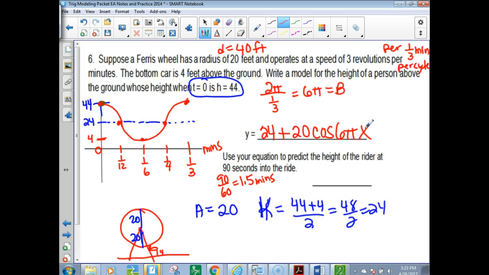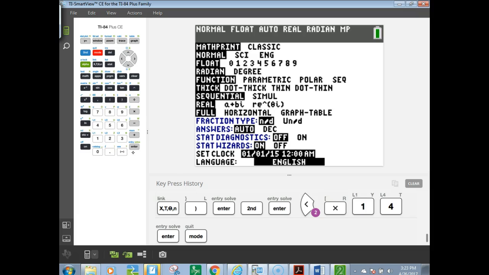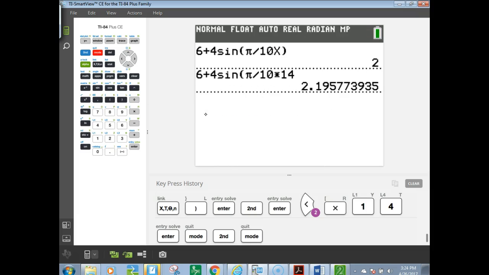Since you have put your calculator into radian mode, you're ready to go. Type it in. You're going to want to take it out for most everything, so I would go back to degree mode so you don't have any problems with your review and stuff.